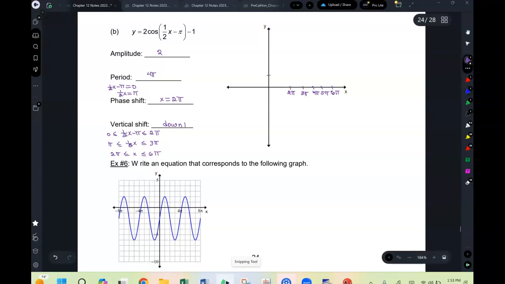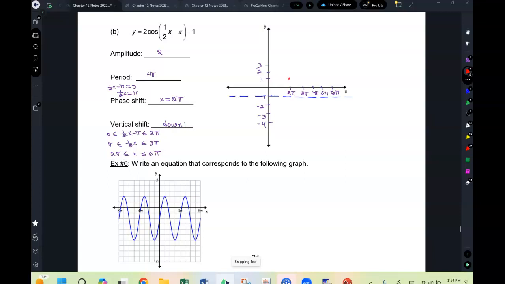So let's label the 1, 2, 3. I don't want to go up too much here. Okay. So down 1. 2 pi. That's where we're starting. So this is cosine. Do I start on or away? Up or down? Up.